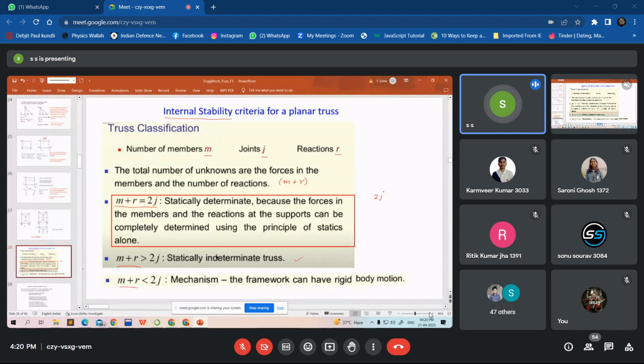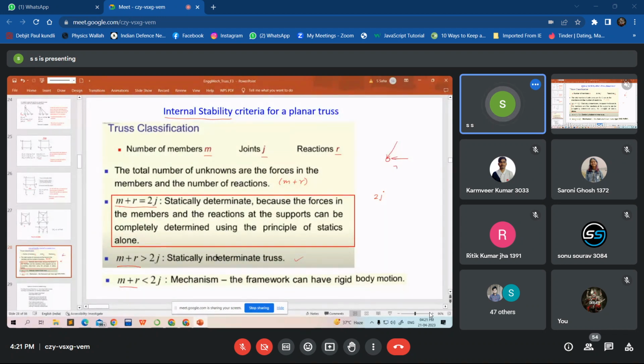So why is it 2j? Why is the number of equations 2j? Because at one joint, how many equations are there? As we have seen, normally for a planar system there are 3: Fx, Fy, and Mz. But at a joint, the forces are concurrent, so there is no moment, and the moment relation is automatically satisfied.